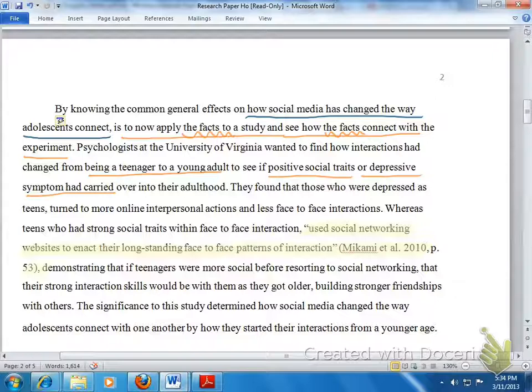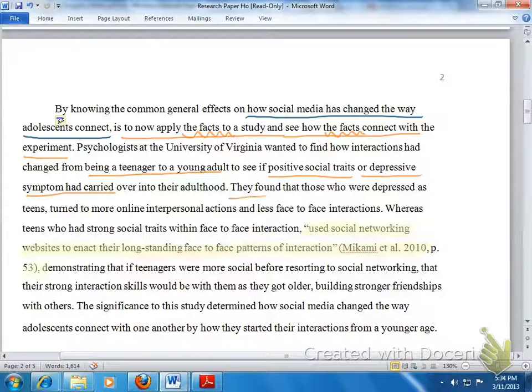They found that those who were depressed as teens turned to have more online interpersonal actions and less face-to-face interactions. So one of the things that we should be seeing here, if you're not noticing this, is that this is summary still. This is presenting what others have said, right? The psychologists at U of Virginia did this study.